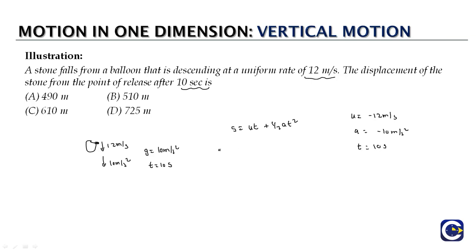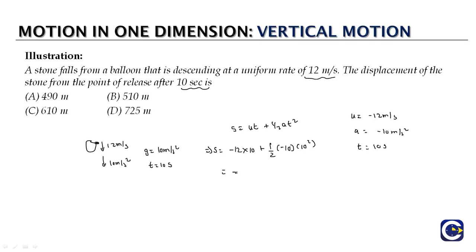So we need to find the displacement value. On substituting the values, we will get S is equal to minus 12 into 10. We are just taking the numbers, omitting the units because everything is already in the SI system, plus half into a is minus 10 into t square. T square will be 10 square.